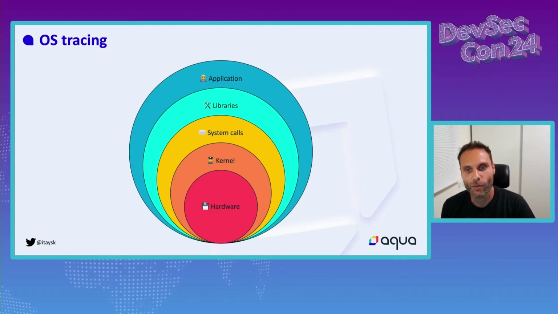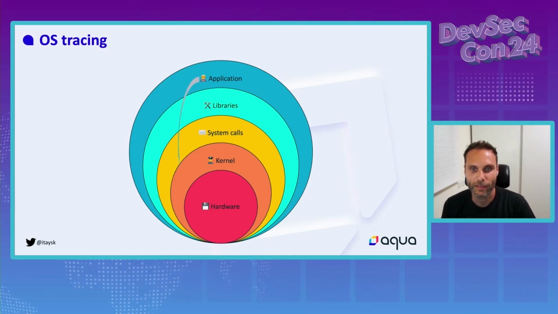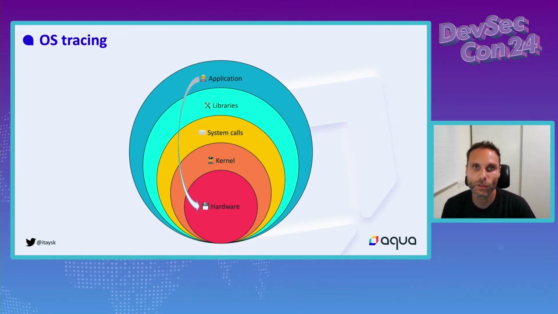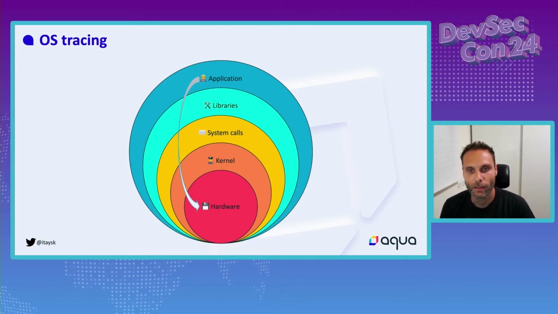So let's go through these layers from the top to the bottom. You, the application developer, or someone who uses an off-the-shelf application. The application is trying to open a file.